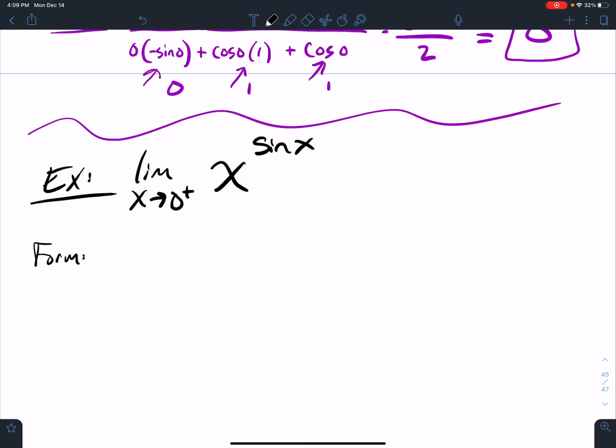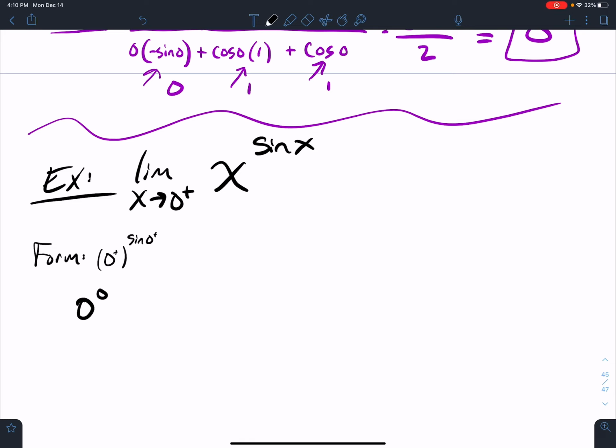Pretty tough problem. Now, when I plug in 0 for x, I get 0. I plug in sine of 0, I get 0 there. So this is the form 0 raised to the 0 power. This is an indeterminate form. If I have something raised to some other power, we have to use our ln trick.